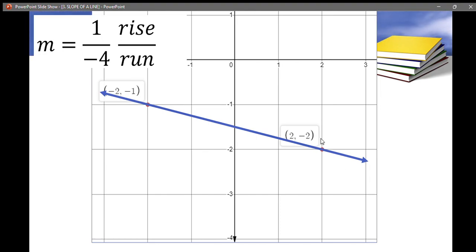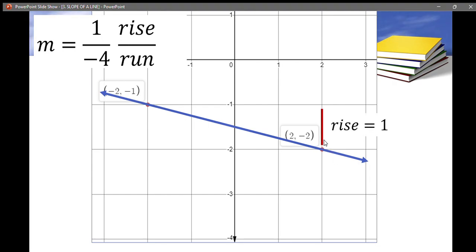From the first point here at -2, that is our first point, let us count 1 unit upward. 1. That is our rise.